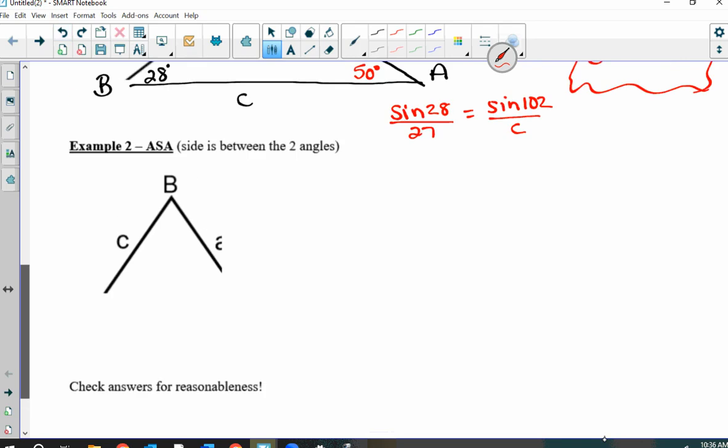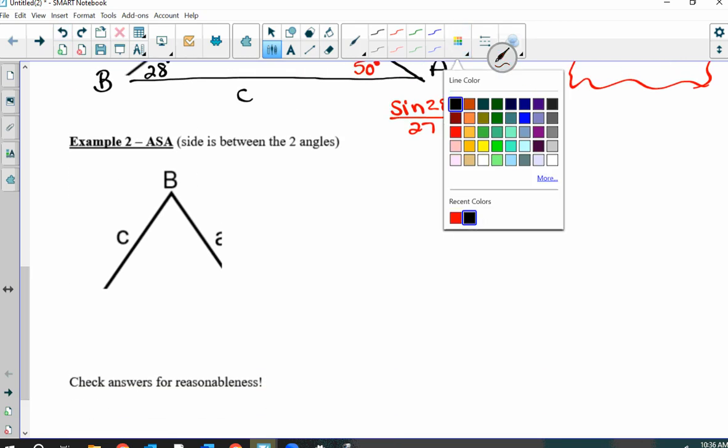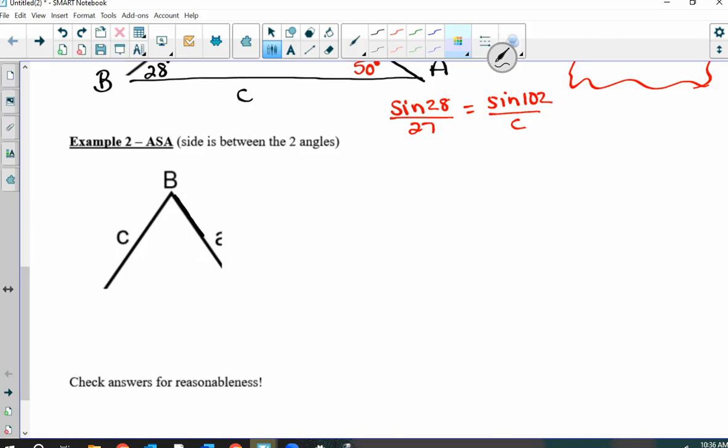Let me try to redraw my picture. Yeah, you just solve for whatever's missing. The sine is of the angle, right? Yes.